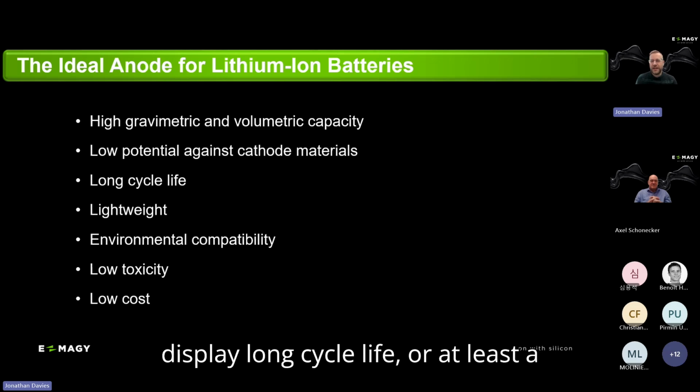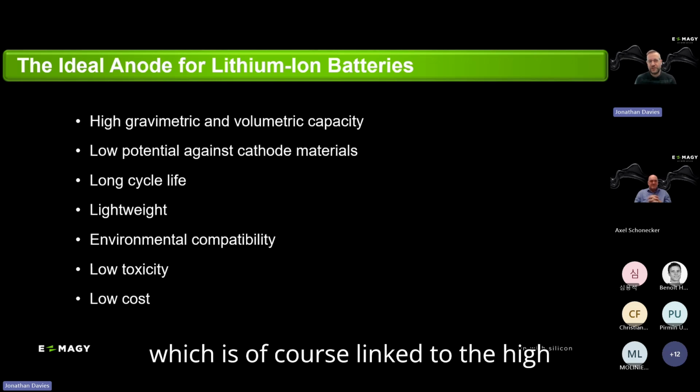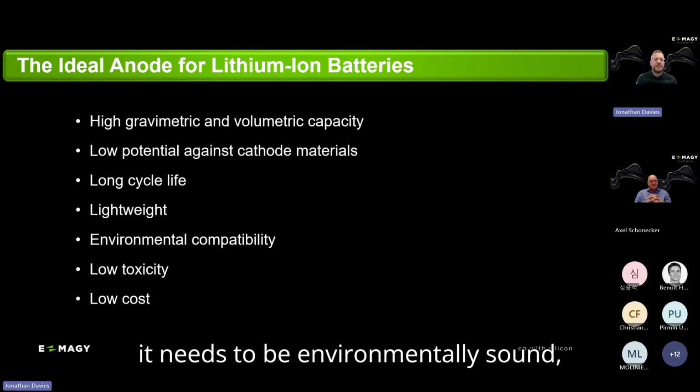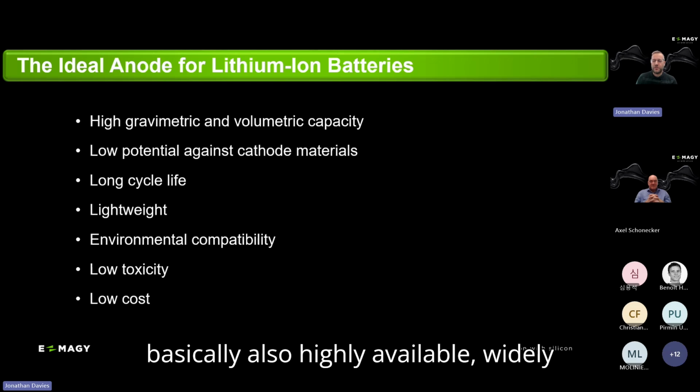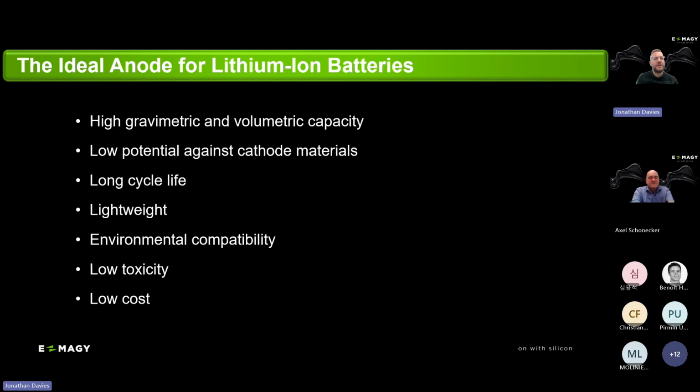It should be able to display long cycle life, or at least a cycle life commensurate for the application. It should be lightweight, which is of course linked to the high gravimetric and volumetric capacity. And it needs to be environmentally sound, low toxicity, and low cost. So basically also widely available, making a low cost method of production.